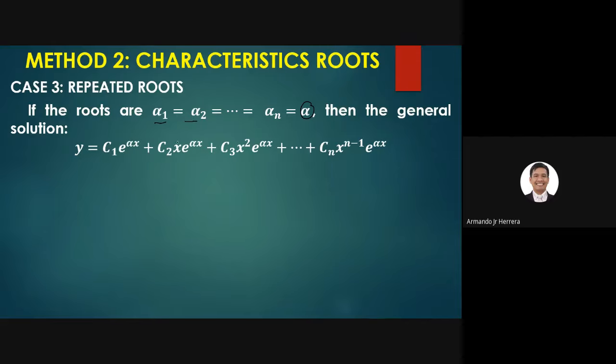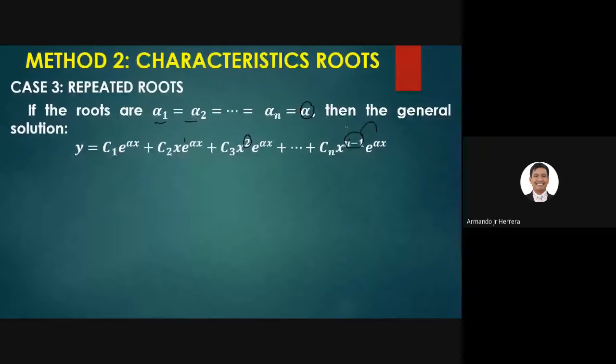So, as you can see, the exponent keeps increasing until you have reached n minus 1, depending on my order of differential equation. So if it is order 7, it should only be 6 here. E to the, of course, our repeated root.